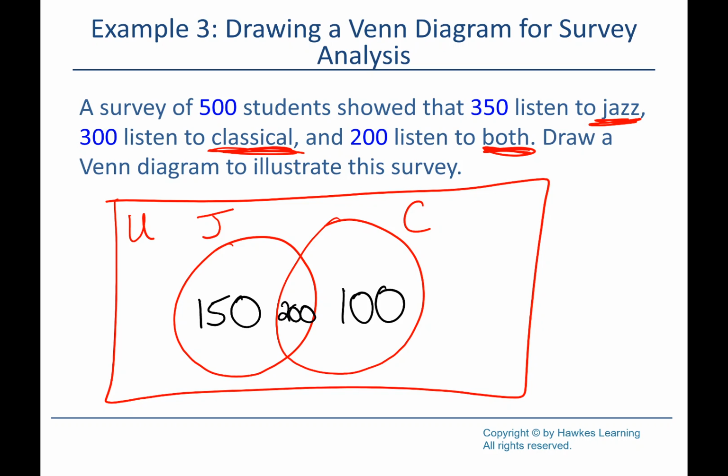The numbers are pretty easy. We've got 300 plus 150 is 450. We had a total of 500 people. So 500 minus 450 means we had 50 people out here that didn't listen to either kind of music. Subtract there, so we got 50 outside.